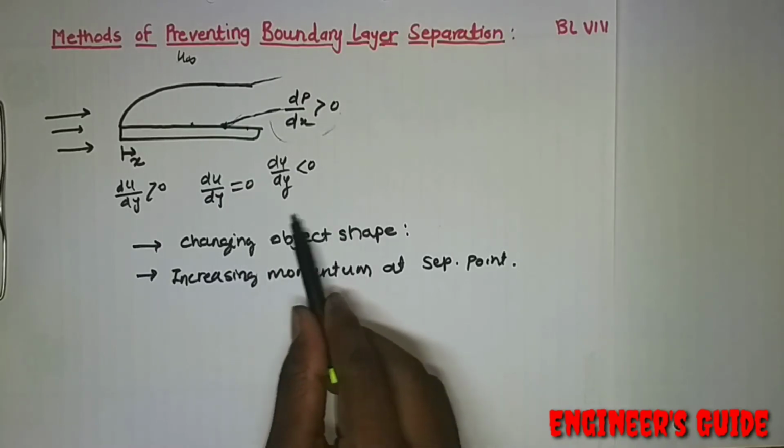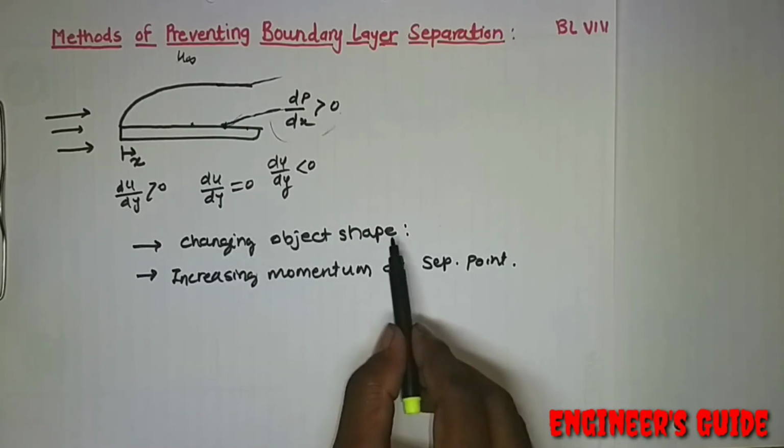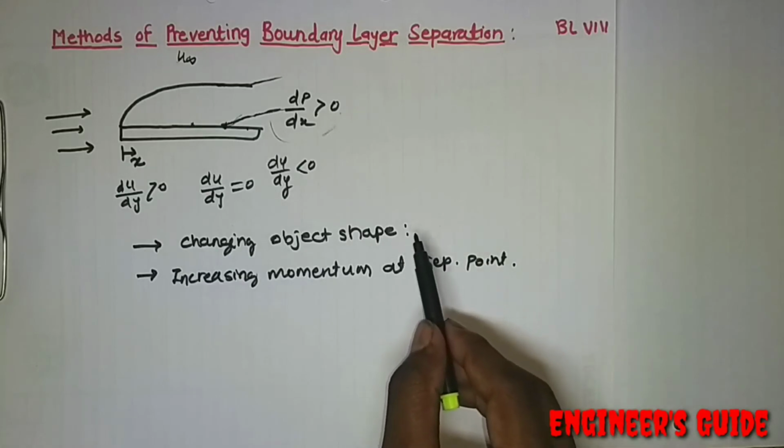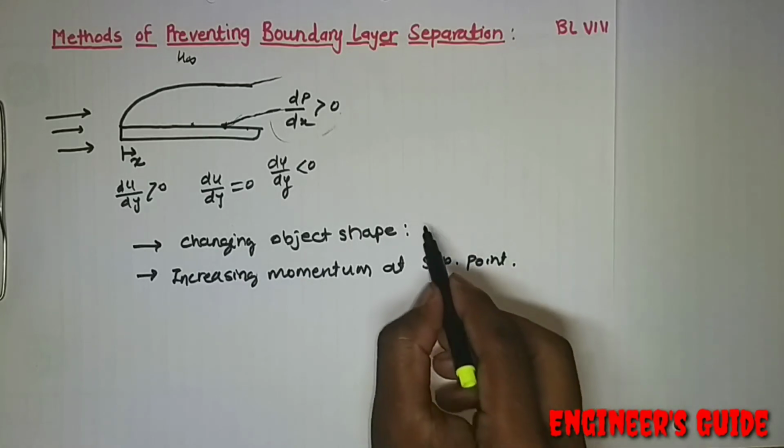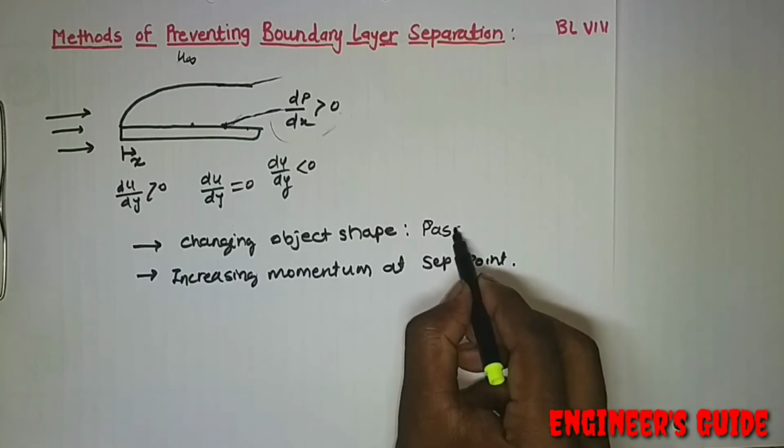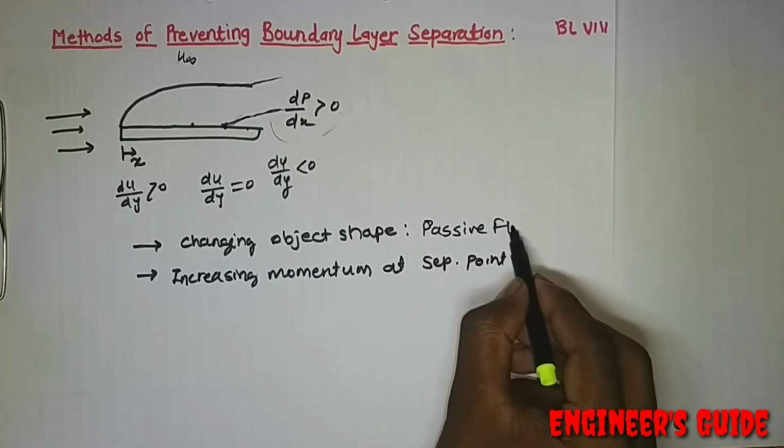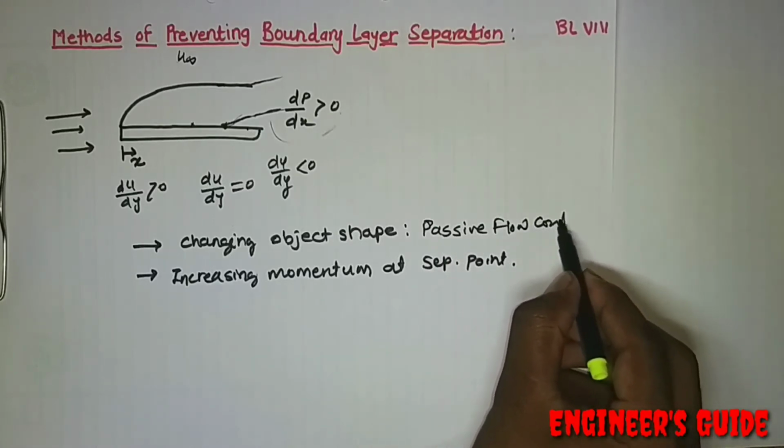We can categorize these again. Changing object shape means we don't need any extra energy, so we can say that it is a passive flow control technique.